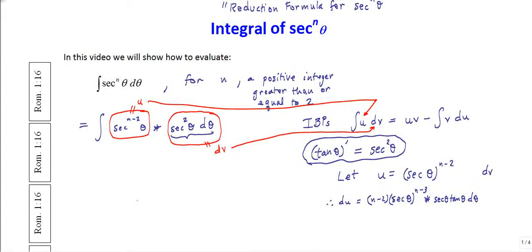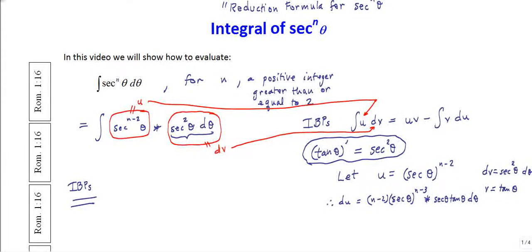So if the dv is the secant squared theta d theta, then integrating that, we now know that the antiderivative of secant squared is going to be the tangent, right? So we see that v is tangent of theta. Now it's just a matter of applying this, so we go ahead and do the IBP here.